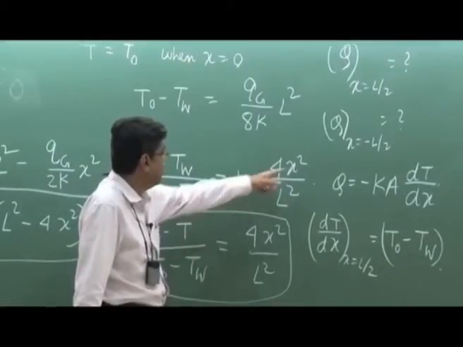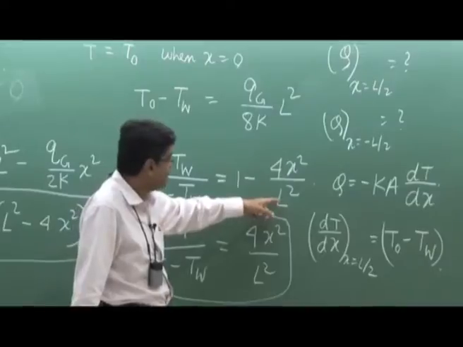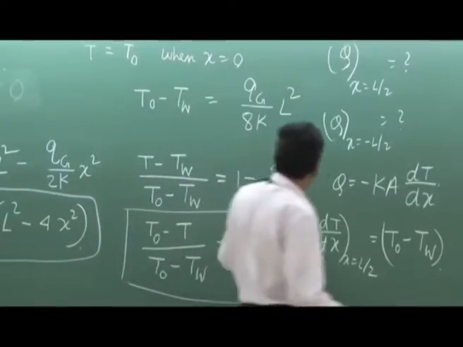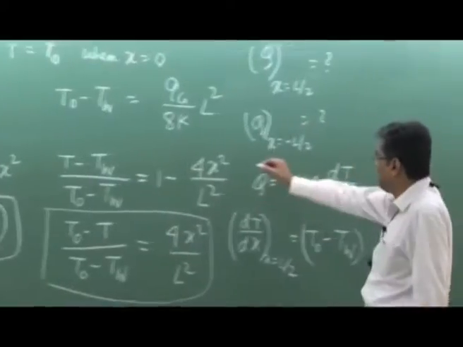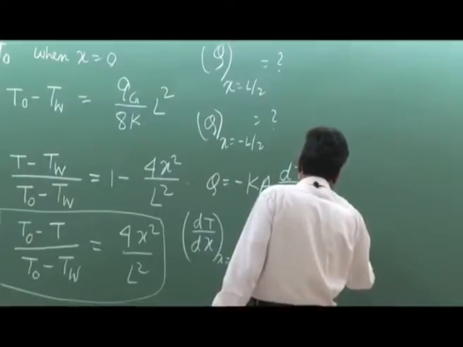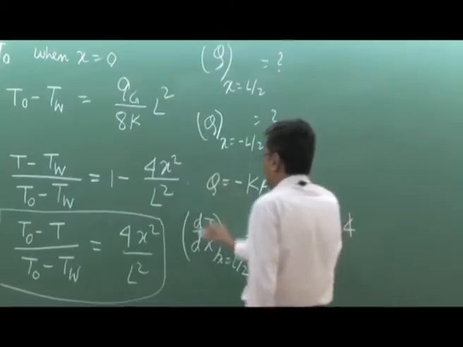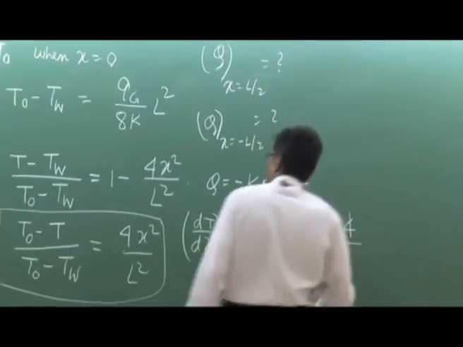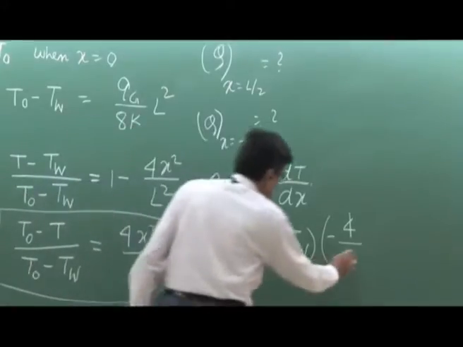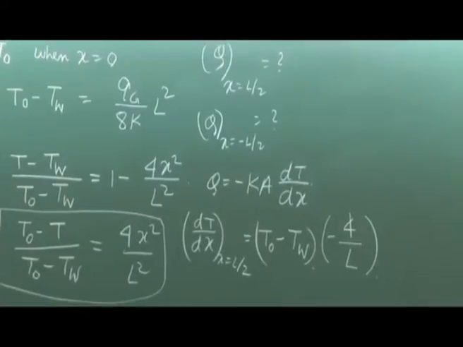Now this is 8x by L square, and if x is equal to L by 2, it is 8 into L by 2, that means 4 by L. This is okay.